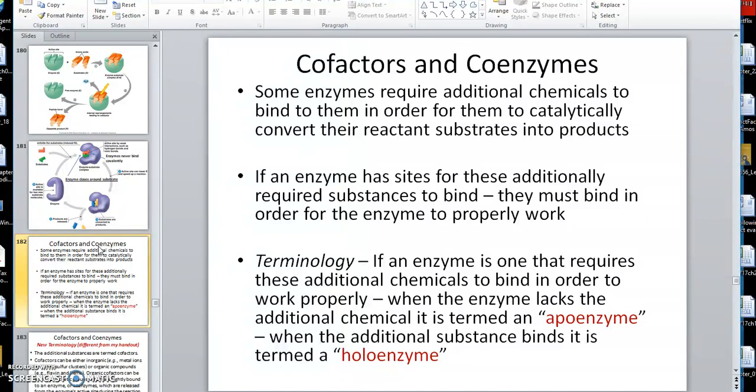Generally, if it needs something inorganic, it's called a cofactor. And if it needs something organic, it's called a coenzyme. However, some call everything cofactors. Okay, but generally a cofactor is inorganic and a coenzyme is organic. Now, let's go back to earlier chemistry.